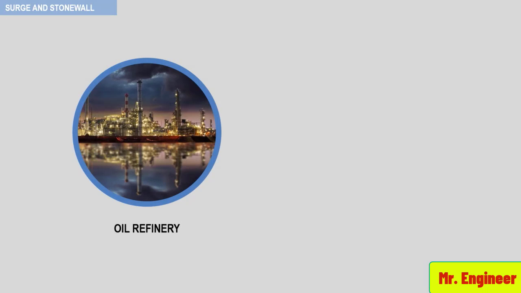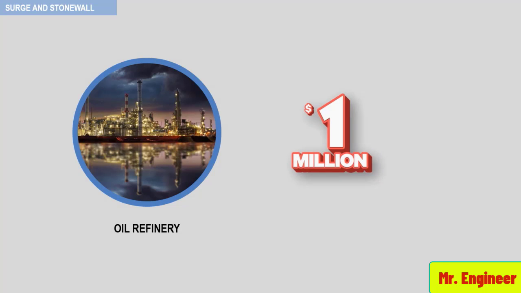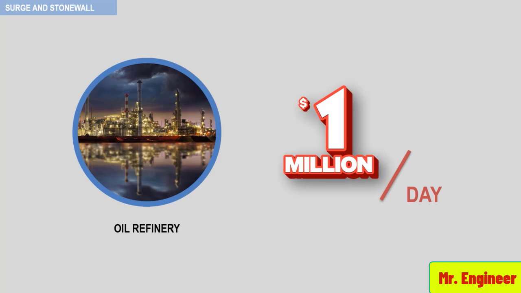So that you are aware, typical daily product revenues for a world-class oil refinery can exceed $1 million per day. So it is extremely important to build a strong understanding of surge and know how to prevent it for flawless and reliable operations of your plant and piping system.